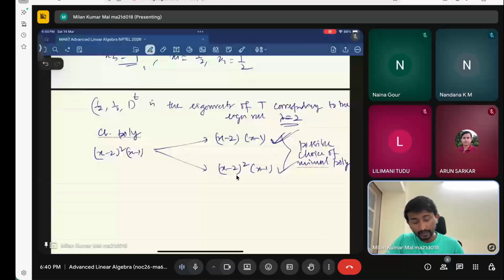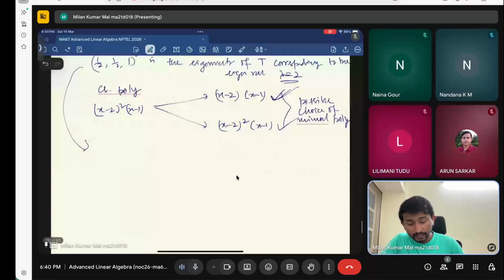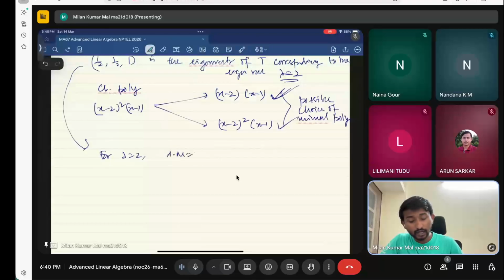But here, for lambda equal to 2, the algebraic multiplicity is actually 2. That is the appearance of (x minus 2) in the characteristic polynomial. And the geometric multiplicity is actually 1. That is the dimension of the eigenspace corresponding to that particular eigenvalue. So that means algebraic multiplicity is not equal to geometric multiplicity.